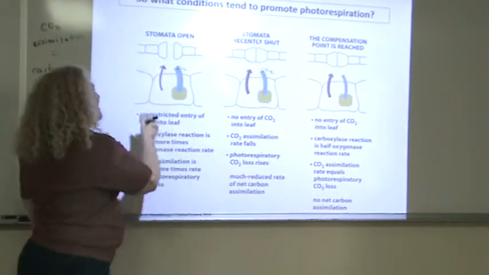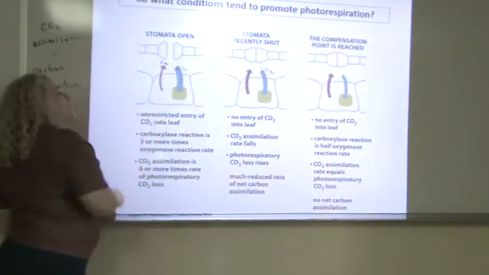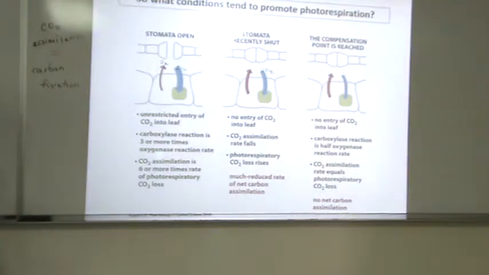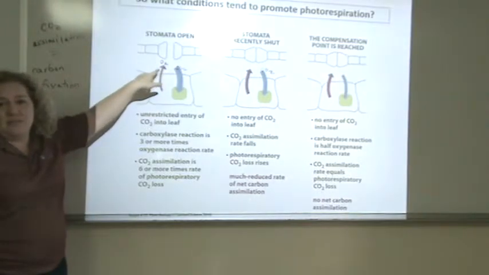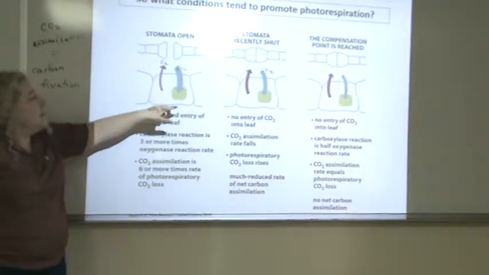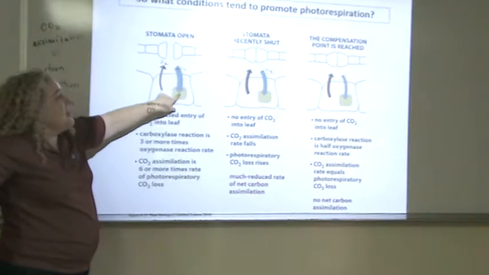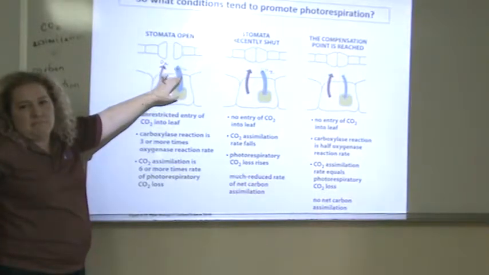Blue arrows are CO2. The red arrows are how much oxygen is being produced during photosynthesis. Where's the oxygen being produced? What part of photosynthesis? The light reactions. Yeah, so the light reactions are kicking out oxygen because they're splitting water. The Calvin cycle is sucking in CO2 to fix it.